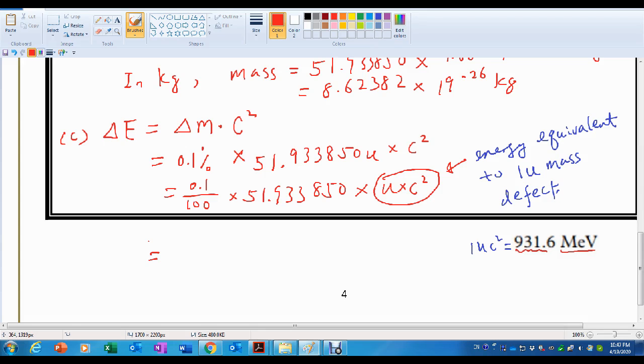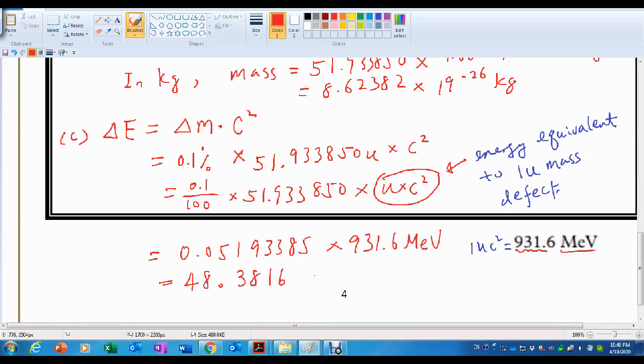So here you will have the first part times U c squared, that means 931.6 MeV. So that's what you are going to get: 48.3816 MeV. So that would be the answer.